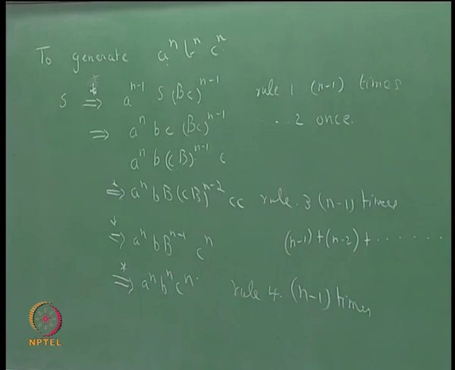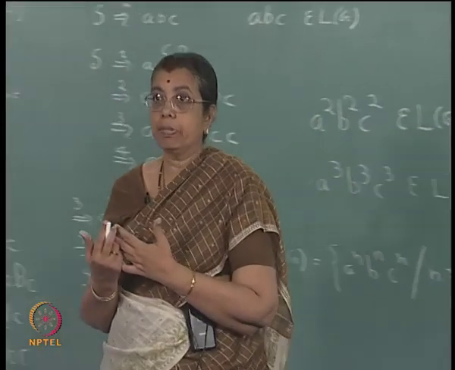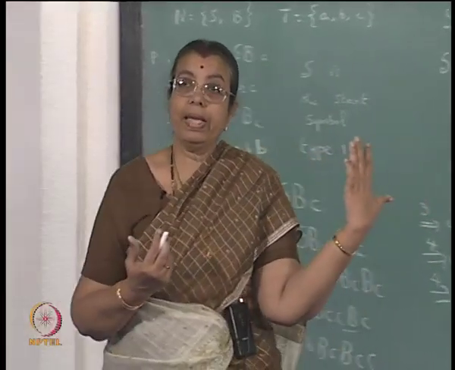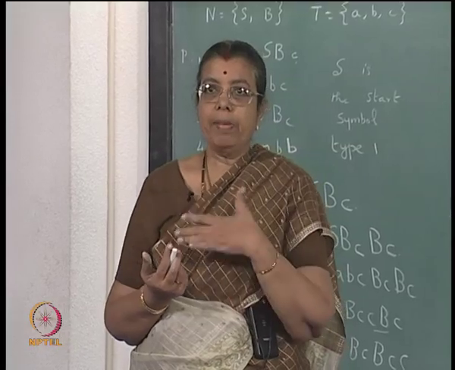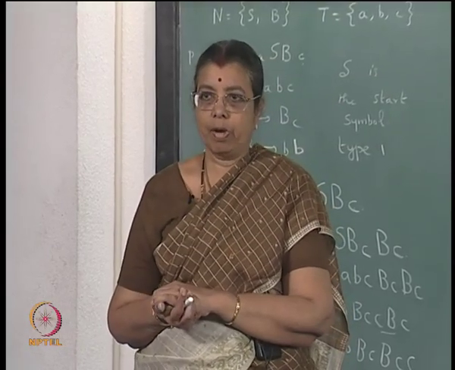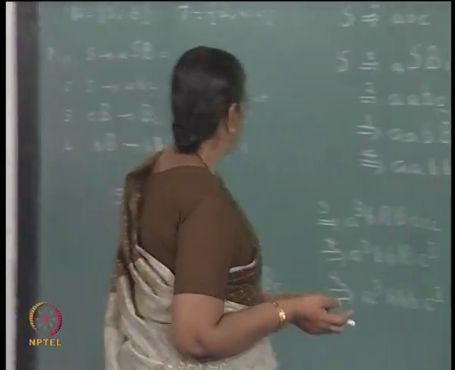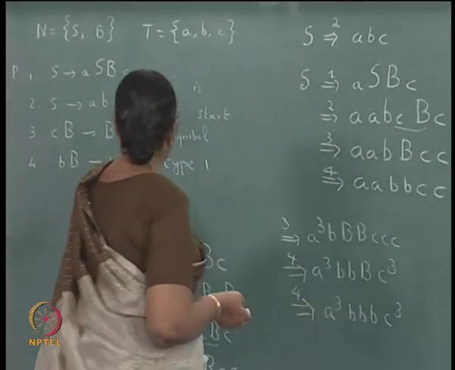So, you must realize that if you have a C to the left of B, you cannot convert the capital B into a small b. Only when the B gets shifted in the middle towards the b, the capital B gets converted into a small b. So, you make sure that all the B's are shifted.